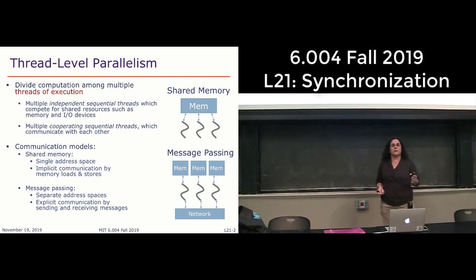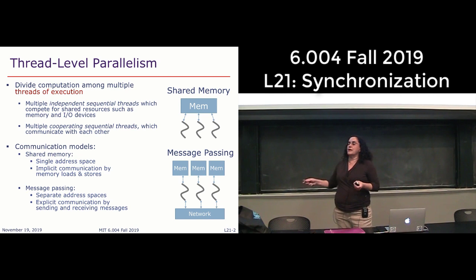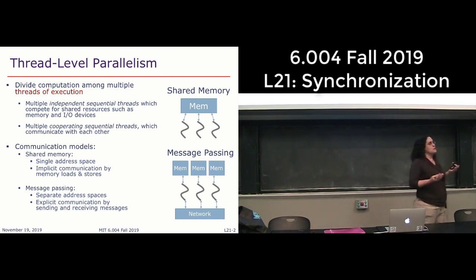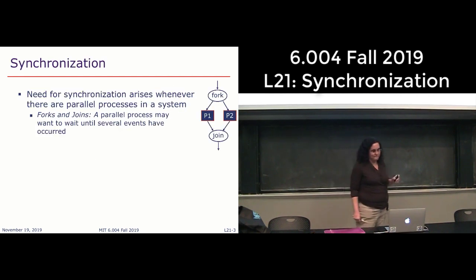In order for these threads to communicate with each other, they have to send explicit messages from one to the other across this shared network. Those are the ways in which these multiple threads can communicate with each other, and we're going to focus on shared memory today.